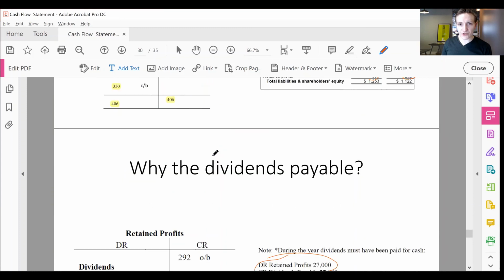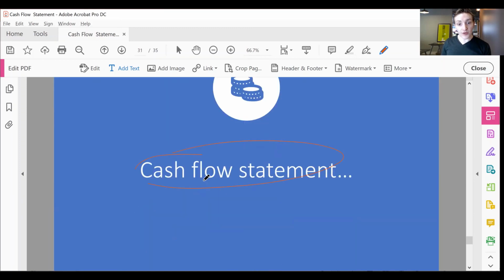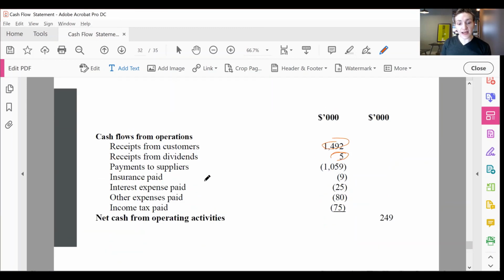So going back to our cash flow from operations, what we can see here is we had a 5K earning from receipts from dividends. It is important to note that dividends, when you receive them, are an operating cash flow, but when you pay them, they're a financing cash flow. So here we have received 5K in dividends. Now we paid 159 to suppliers.